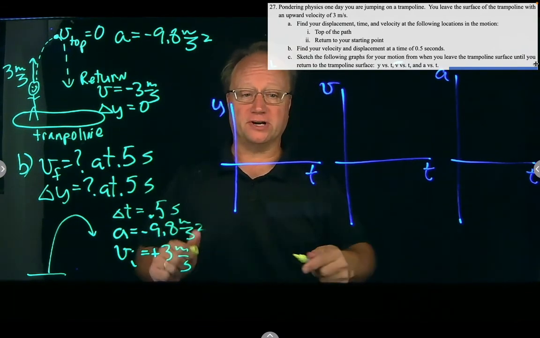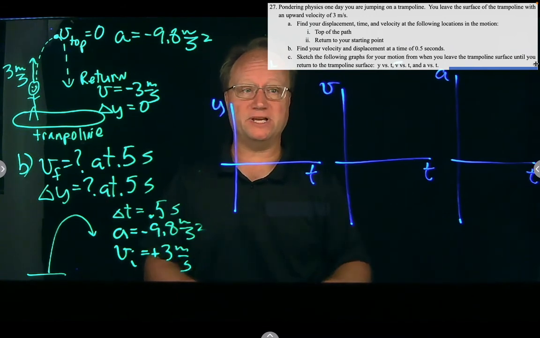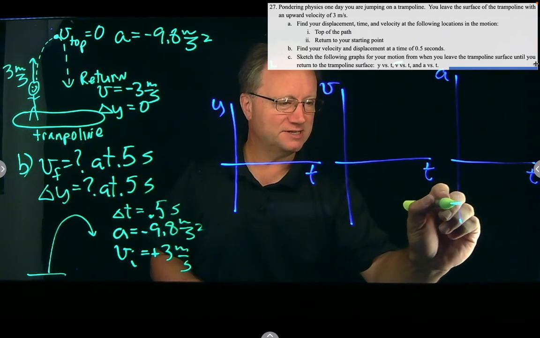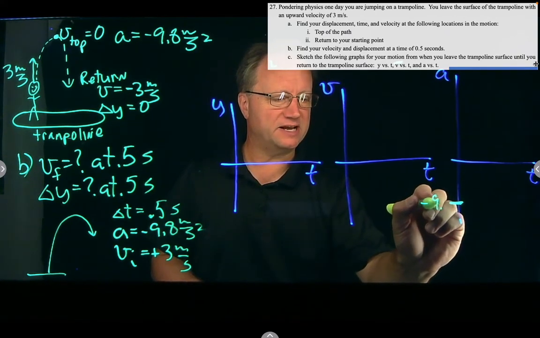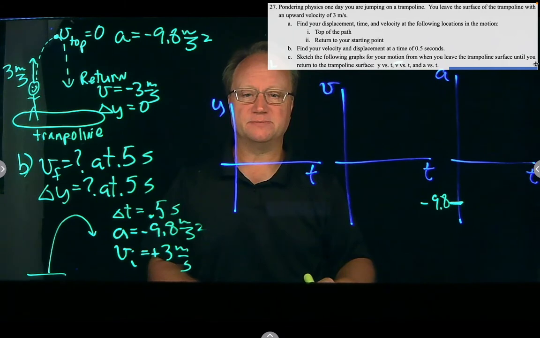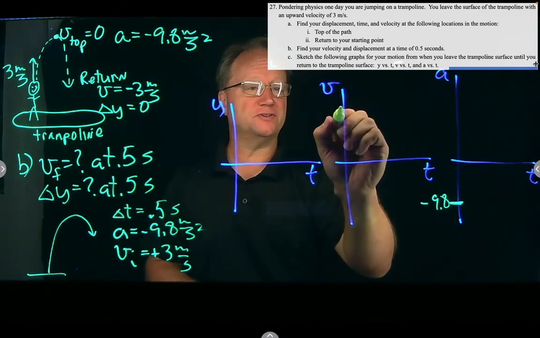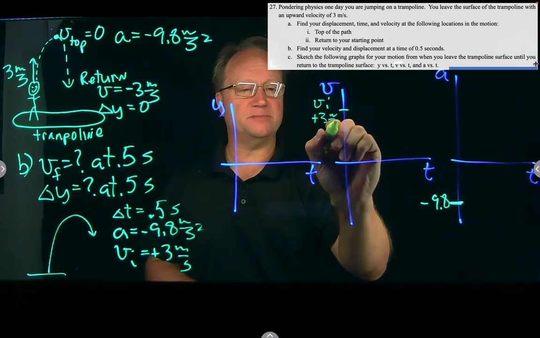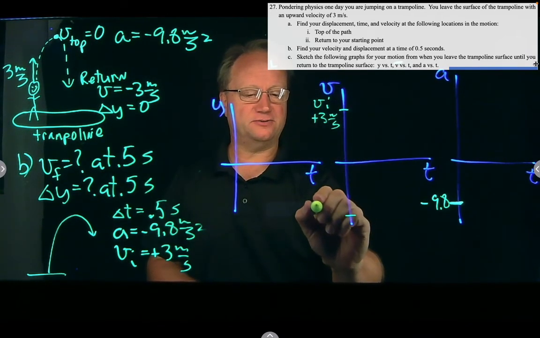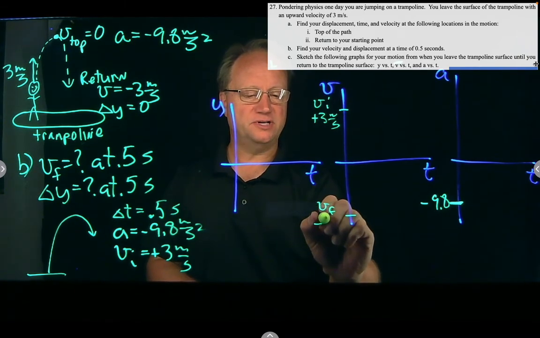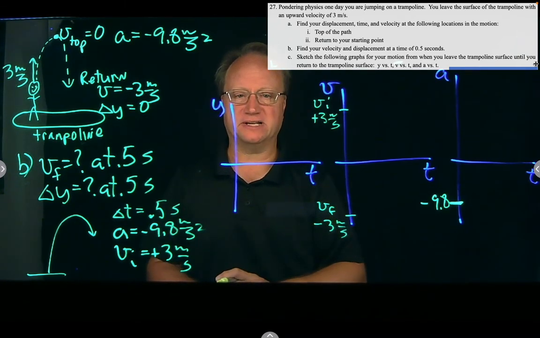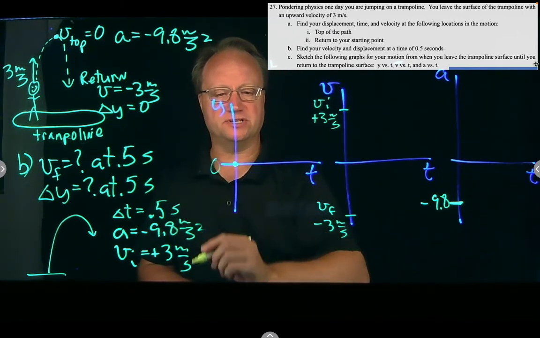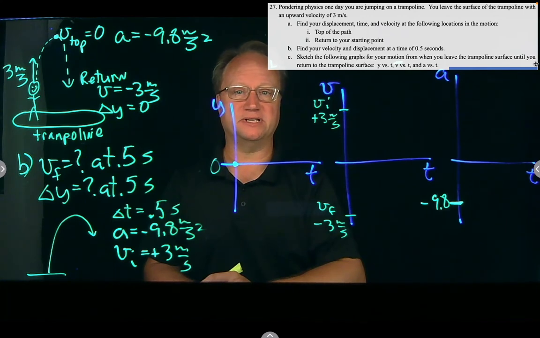Okay, before I draw the graphs, I'm going to put some values that we know. Acceleration through the whole motion, up and down, negative 9.8. Initial velocity is a positive 3 meters per second. Final velocity at the end when you return is negative 3 meters per second. And then you're going to start at the trampoline, which is 0, and also return to the trampoline.